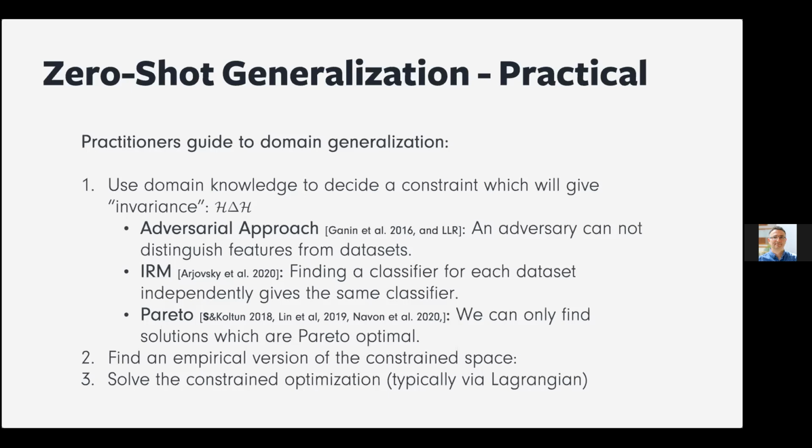If you are adversarial, you convert it into a min-max optimization, and you hope that this min-max will behave well. If you are in IRM, you convert the idea of each data set independently giving the same classifier into a condition on the gradients. If you are Pareto, you convert this to a weighted minimization setting. Next, you just solve the constrained optimization.